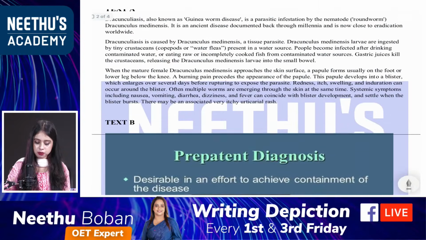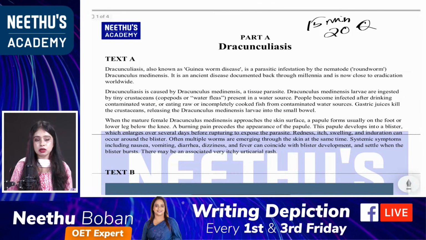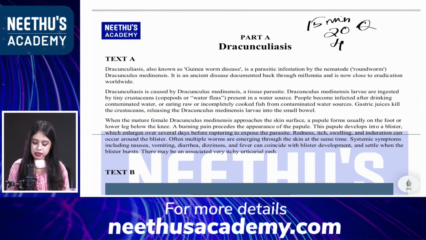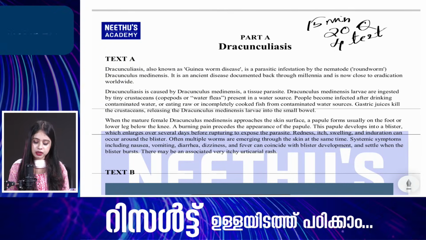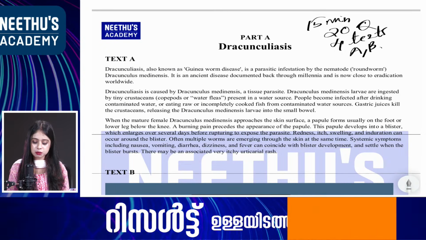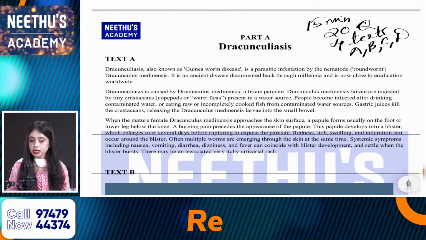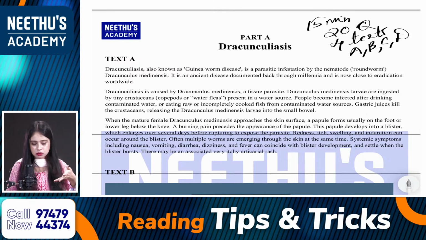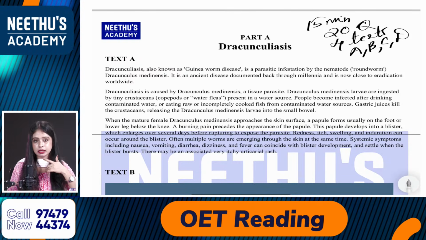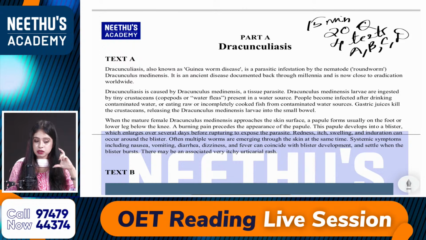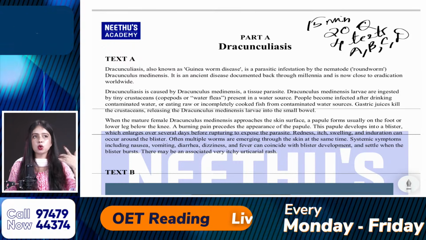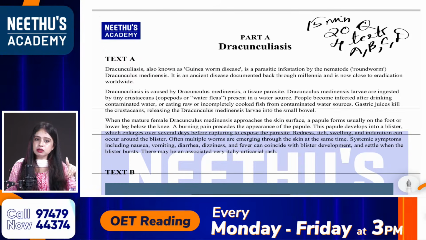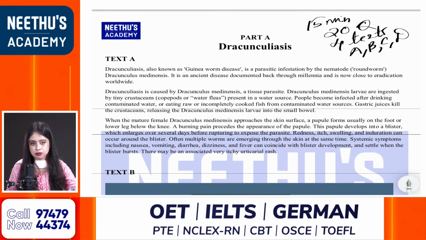Now I'm moving to the next one. What about the strategy? And before that, we have 4 different texts: text A, text B, text C and text D. When there is a material, for example this one is all about dracunculitis, text A will always be about what the condition is. Text B may be about the symptoms.